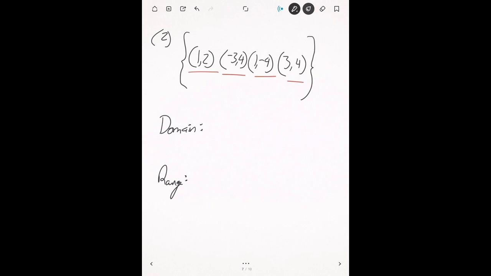So I'm not going to write this in interval notation, okay? Because these are just 4 points. I don't have an interval. Remember, an interval means you have infinitely many points, and we're trying to say everything between 2 points. No, here I'm just going to list all of the information. So for the domain, we'll say all of the x values are -3, 1, and 3.